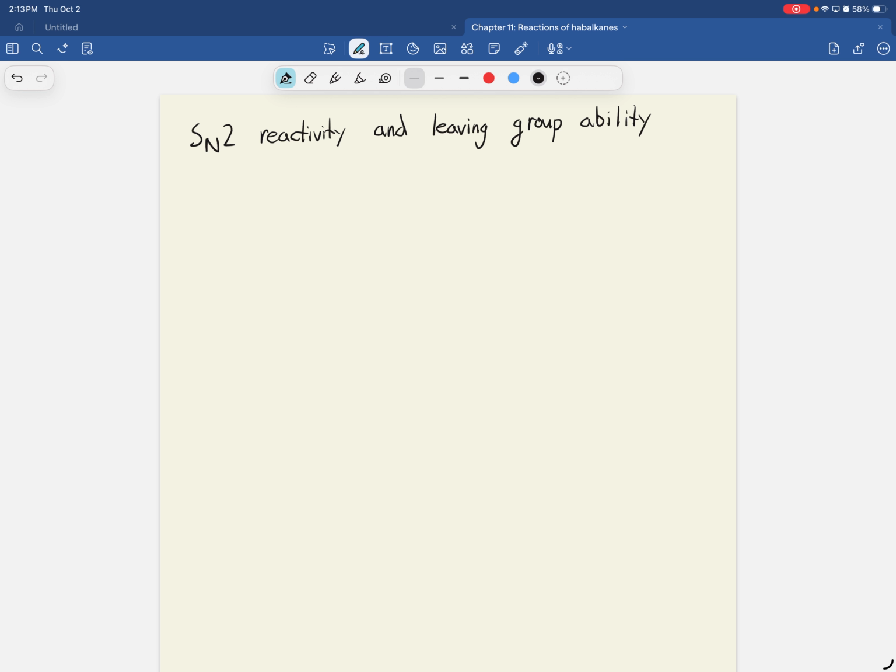For the leaving group, there's a few criteria. The leaving group must depart as a weak base.